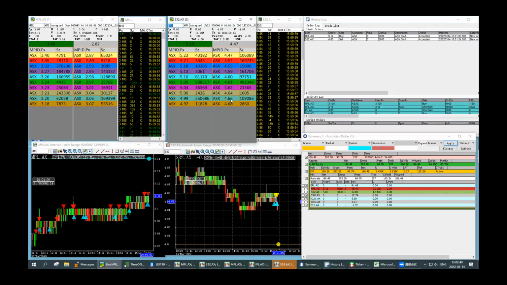All the fees, like gateway fees or execution fees, I paid 96.79 Australian dollars. So till now, I have already made 186.48 Australian dollars.